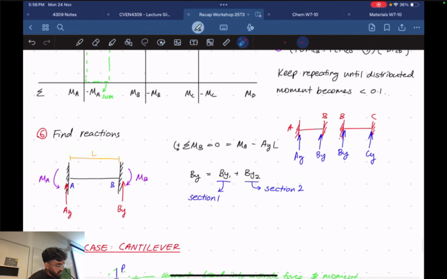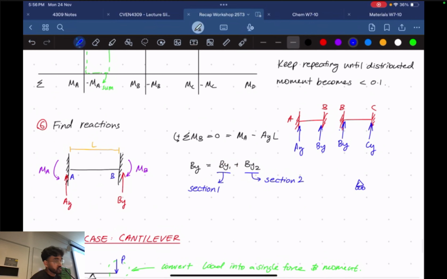You're going to find the BY value for this member, and the BY value for this member. This represents the shear from the left-hand side, this represents the shear from the right-hand side. If you want to find the total reaction BY, you just have to add them up. So this is what I mean by section 1, section 2. If this is section 1, section 2, and imagine if there was a roller over there, like in reality, this BY value is just going to be the combination of what I've broken up.